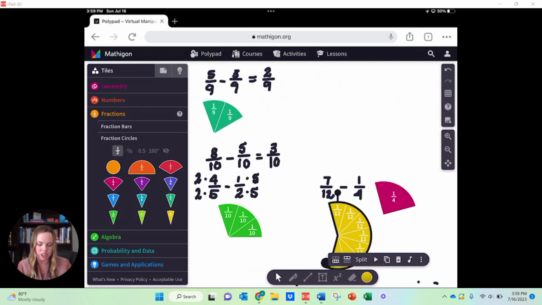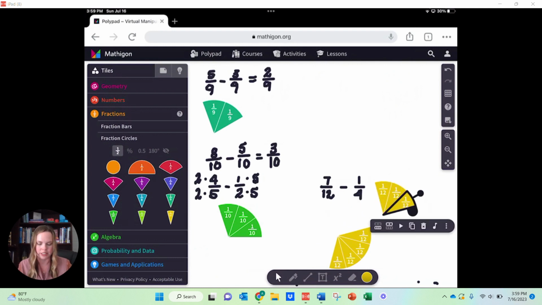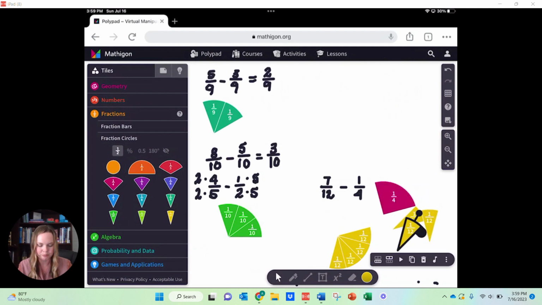So, honestly, you could just split this and remove that 1/4. Okay, and you can see, I'll do it on top of it too. And see how that is 1/4. It covers it all up. It's the same. And we can also take those 3/12 and merge them together.